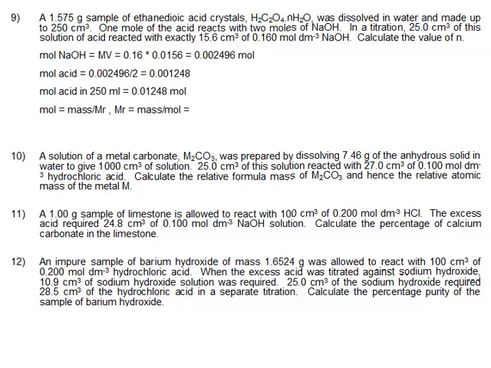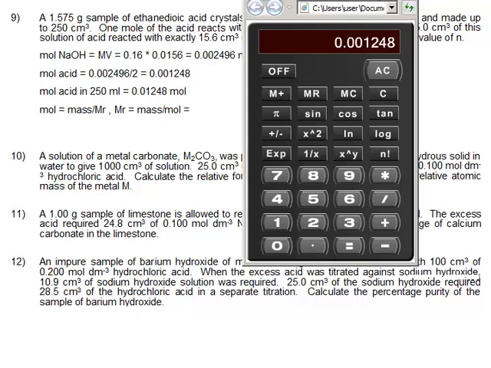Alright, well the mass we have, let's do it all the way through this time. The mass is 1.575, and we're going to divide that by the moles, which is 0.01248, and that comes to 126.